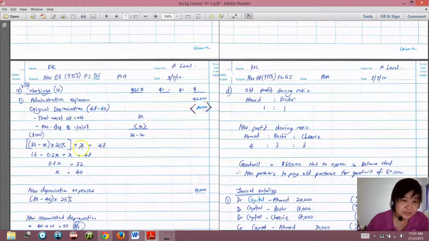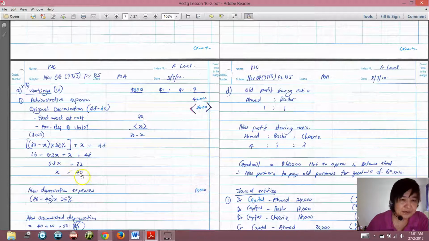This 48,000 is the accumulated depreciation at the beginning of the year plus the net book value multiplied by 20%, which is this year's depreciation that has already been charged and included in the 48,000. Okay, so now I have an equation, and I solve for X using algebra, right?